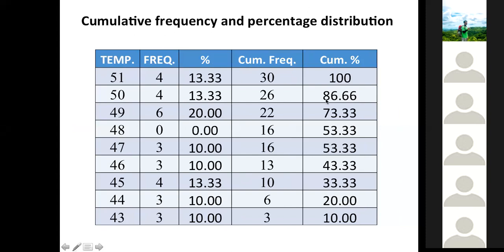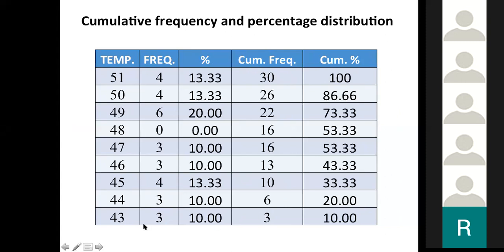This is what we call the cumulative frequency. What we mean by cumulative is we start from the bottom. So 43 occurs 3 times, and then 44 also 3 times. So we come up to 30. The number of days is 30, and you observe 30 times, 30 days.